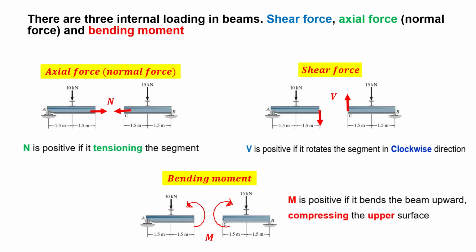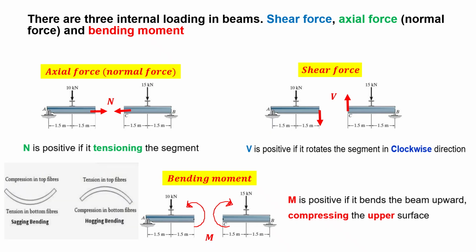You know when it bends like this, the upper surface will be under compression. So always it should be like this. And also, we consider sagging as positive, happy face is positive. If the beam is bent upward like this, we consider that bending moment positive, happy face positive, and the angry face is negative.